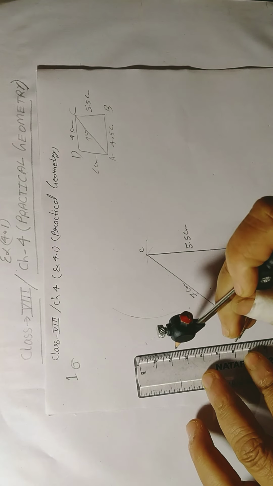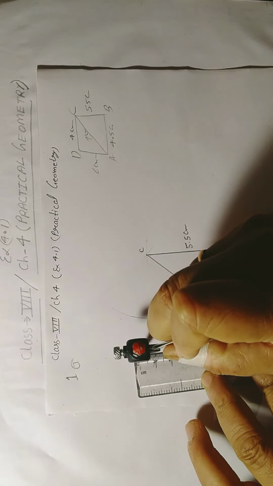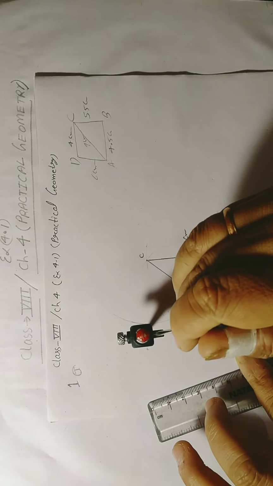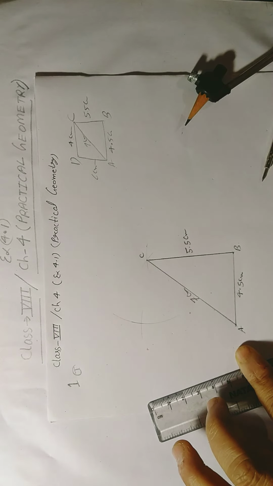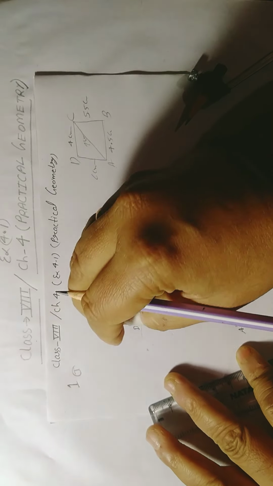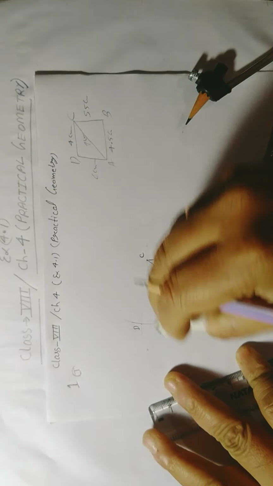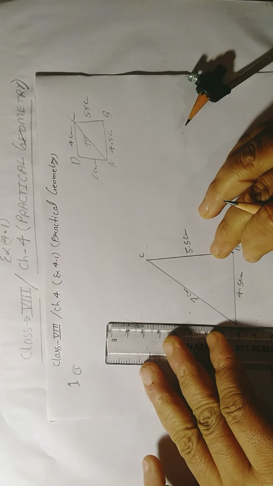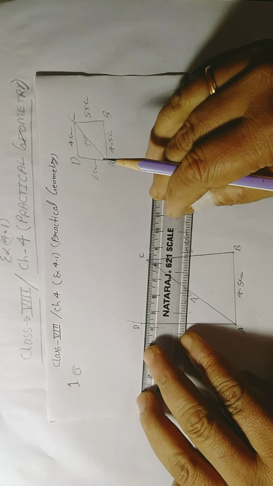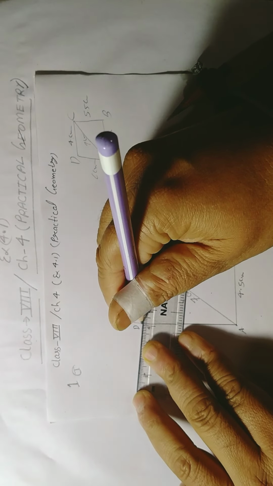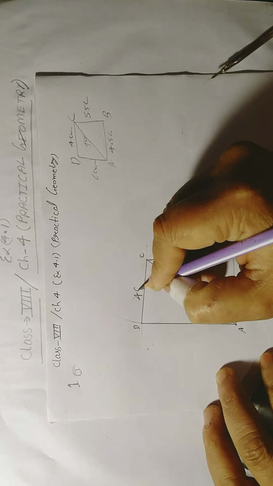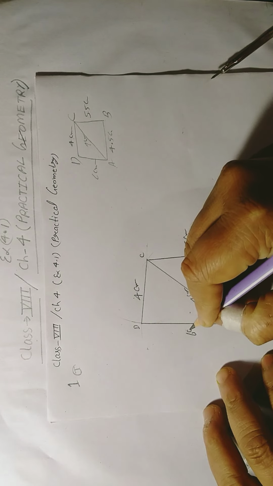Now we take distance 6 centimeter in the compass and put the compass at A, draw an arc which cuts the previous arc at point D. Join A to D and C to D, in which CD is 4 centimeter and AD is 6 centimeter.